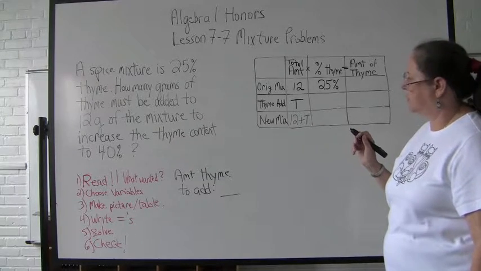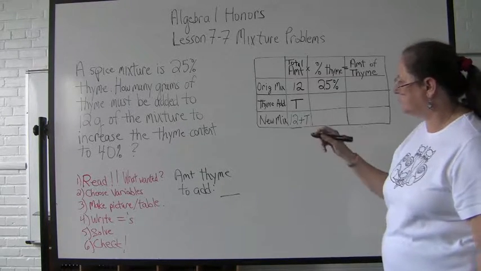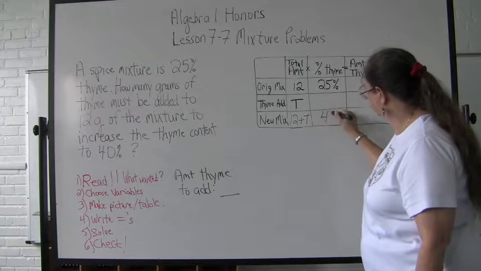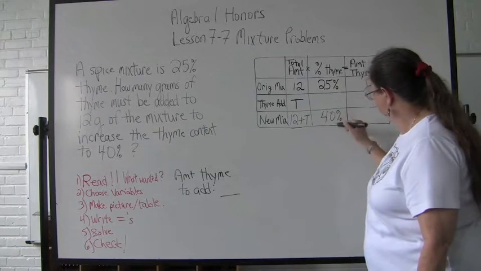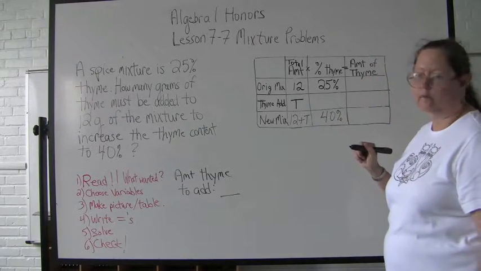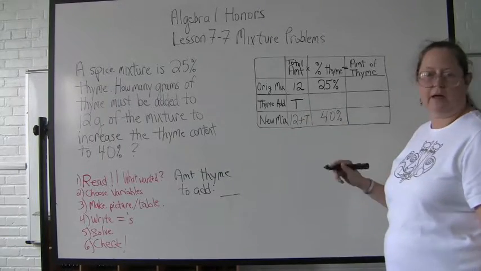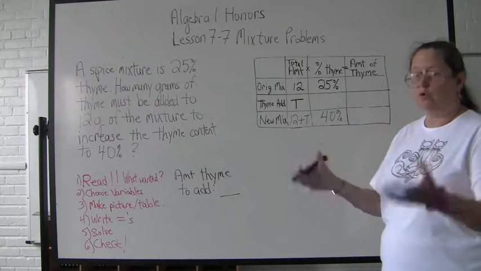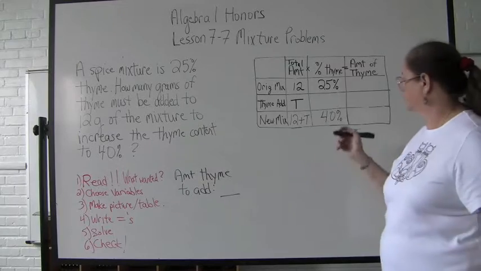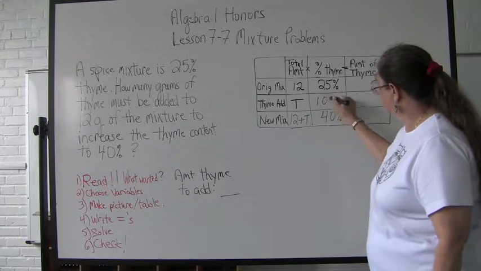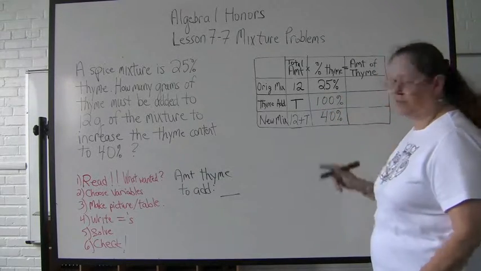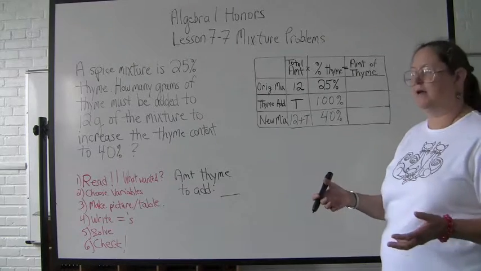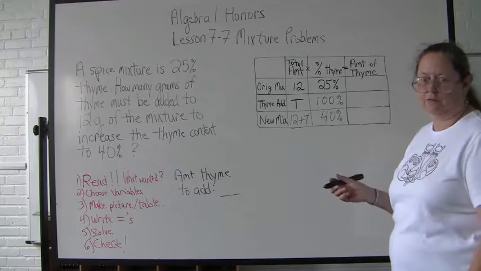And we want our new mixture to be 40% thyme. The thyme that we add is pure thyme. It's not a mixture, so it's 100% thyme that we're adding. We're not adding a diluted version.